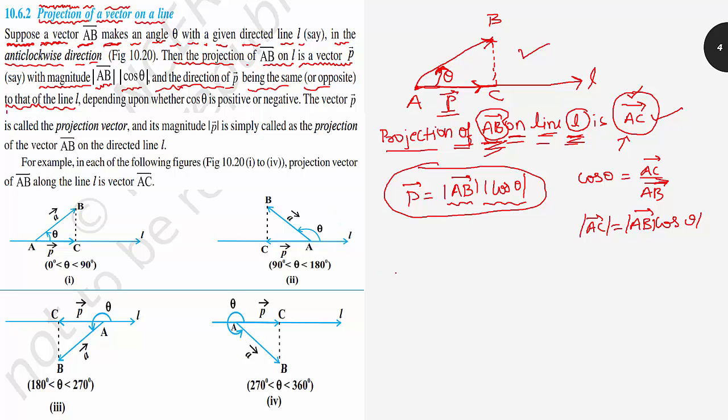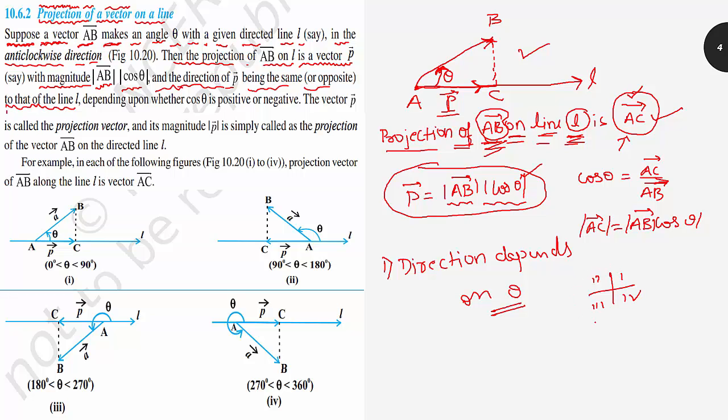Next, one more thing is direction. This direction depends on theta. As this theta goes on increasing from first quadrant to second quadrant, see, this is first quadrant, this is second quadrant, this is third quadrant, and this is fourth quadrant.